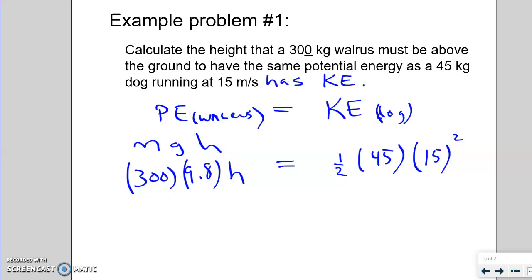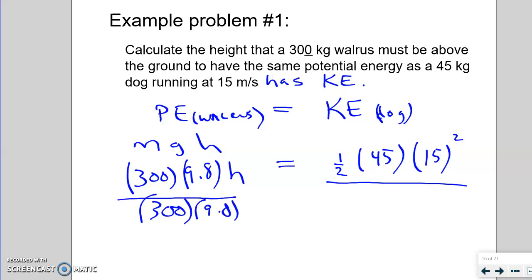So what I'm going to do is get the h by itself by dividing out the 300 and by dividing out the 9.8. Do that to both sides of the equation. We'll have a height equal to 0.5 times 45 times 15 squared divided by 300 divided by 9.8.